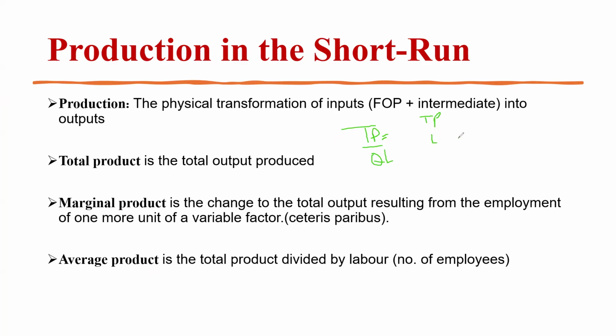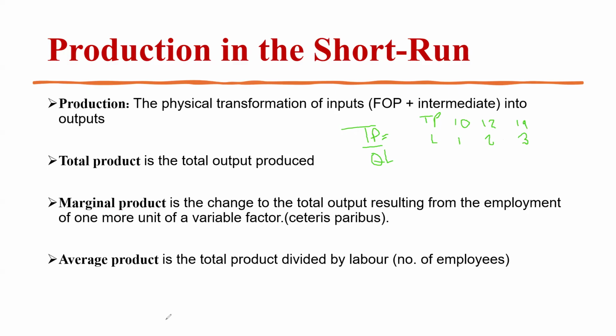If you have one worker and they're producing 10 units of output, then you employ another one, you have 2, they produce 12. And then you employ a third worker, and they produce, let me just say, 19.